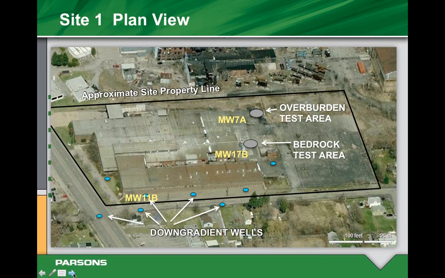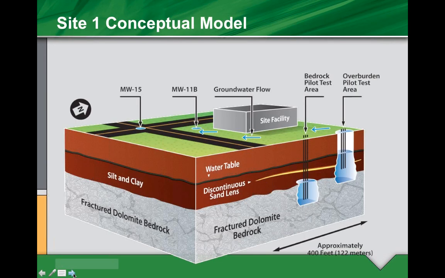If we go to the next slide, which will be slide 8, I have a cross-sectional conceptual model of Site 1. In this cross-section, the overburden pilot test area is at the rightmost part of your screen. The bedrock area is then down gradient.